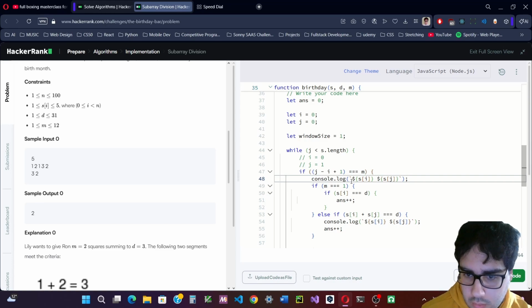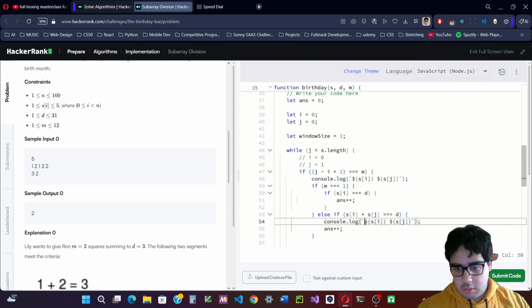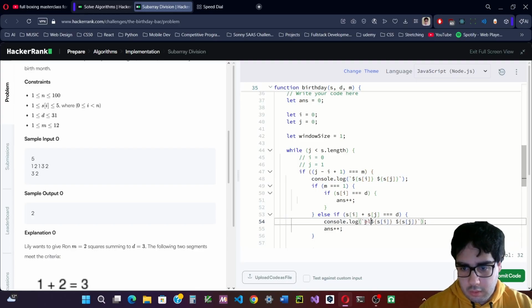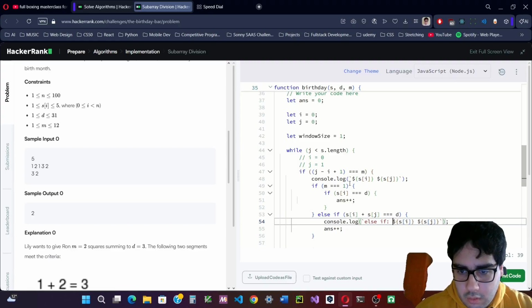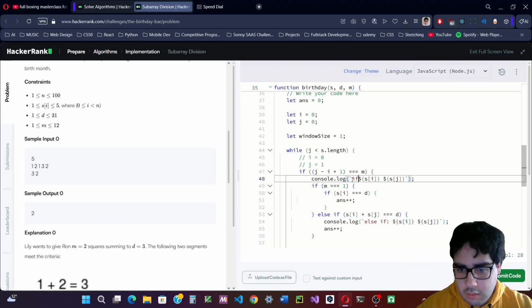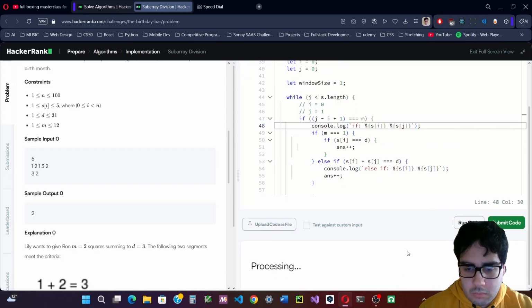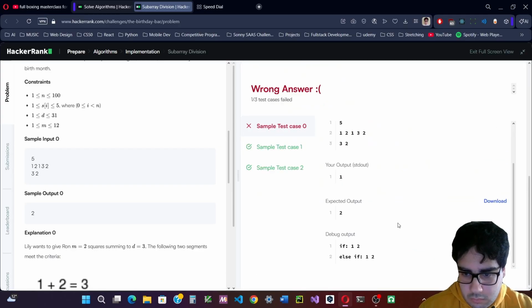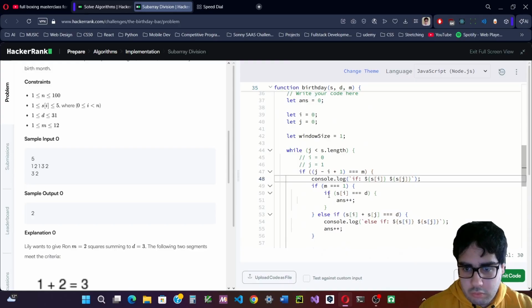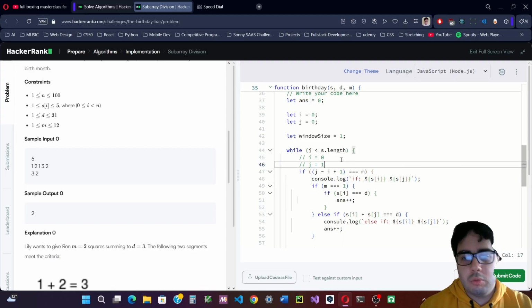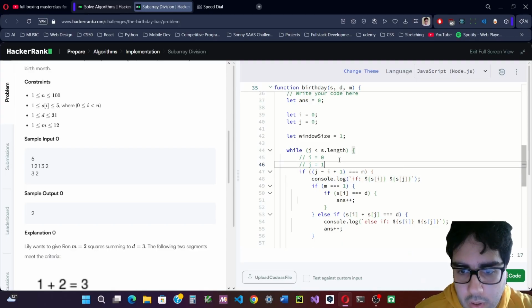Else, else if. Okay, what is wrong here? So first loop, both are 0.